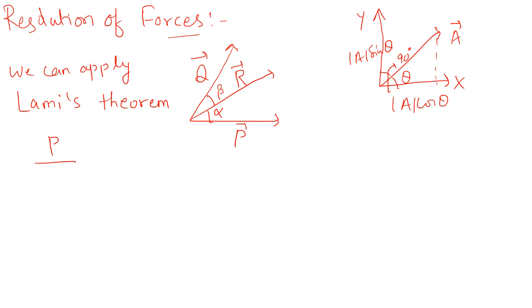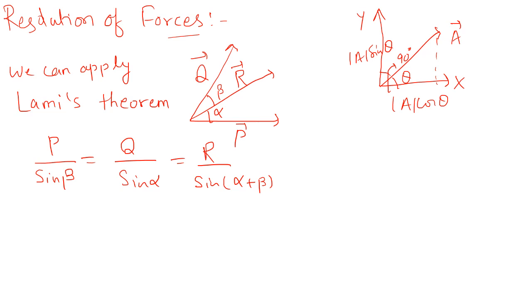If you consider the force P, then the angle between the other two forces is beta, so P upon sine beta. Similarly, Q upon sine alpha and R upon sine of alpha plus beta, because when you consider R, the angle between the two forces P and Q is alpha plus beta.